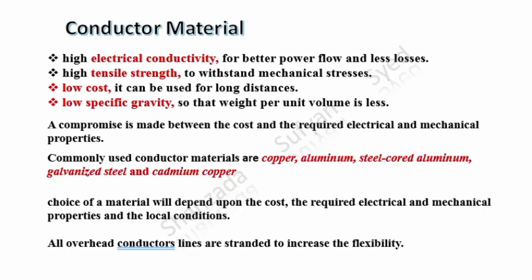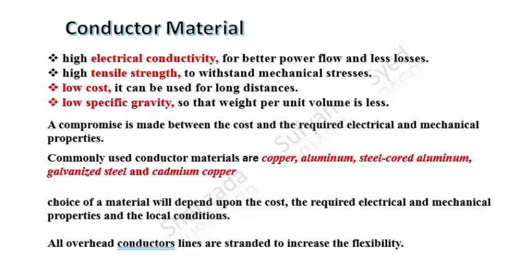The material must have high tensile strength so that it can withstand mechanical stresses. The conductor must have low cost so that it can be used for long distances. The conductor must have low specific gravity so that the weight per unit volume can be reduced.